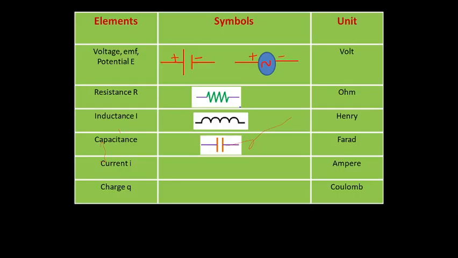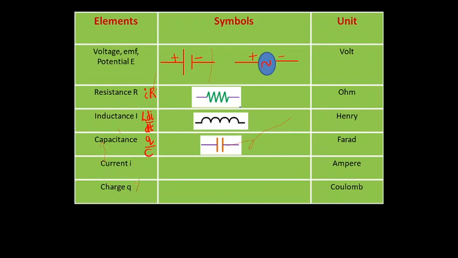So what is the voltage drop across the resistor? The voltage drop across the resistor is given by Ohm's law, that is I times R. The voltage drop across the inductor is given by L di/dt, and the voltage drop across the capacitor is given by Q/C, where C is the capacitance.